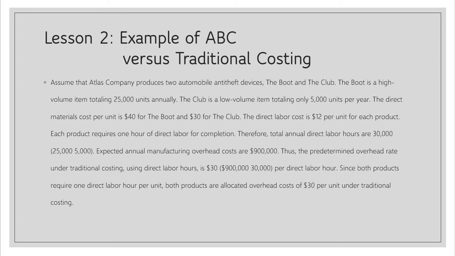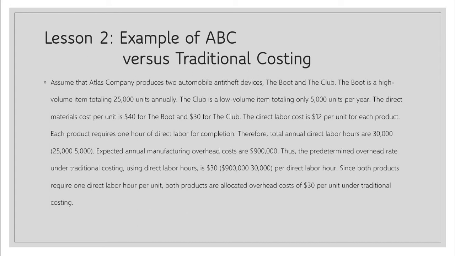What ABC does is sinegregate niya ang overhead into various cost pools in an effort to provide more accurate cost information. So, ABC supplements rather than replaces it. So, that's the cost system na tinatawag naman.